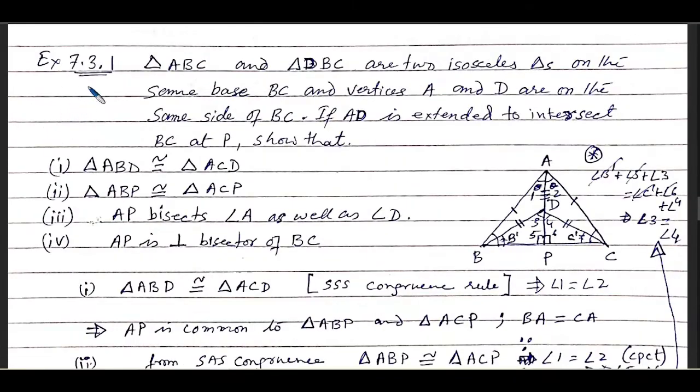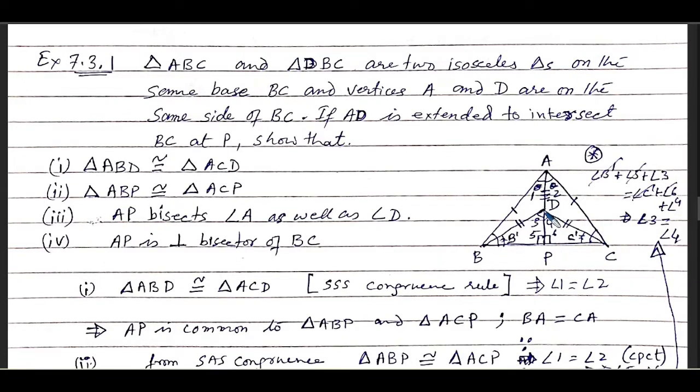So now exercise 7.3.1. What does it say? Triangles ABC and DBC are two isosceles triangles on the same base BC. This is base BC. Same base, ABC and DBC. And vertices A and D are on the same side of BC, the upper side of BC.